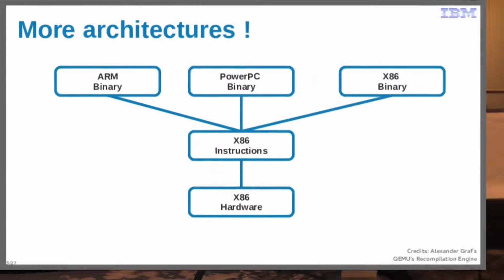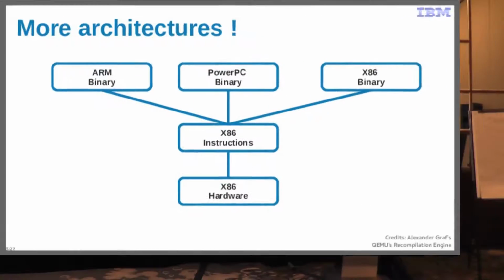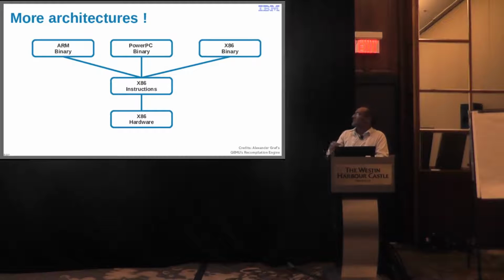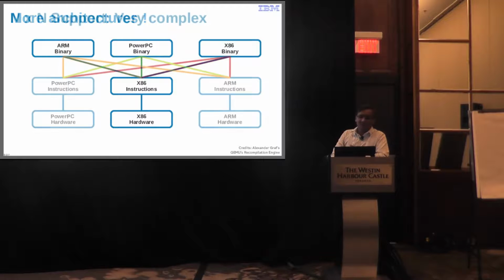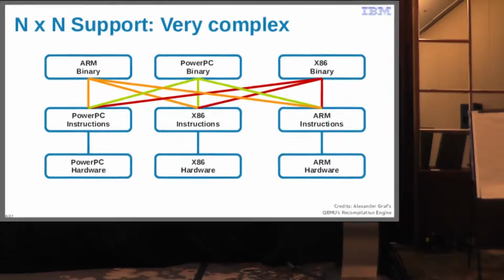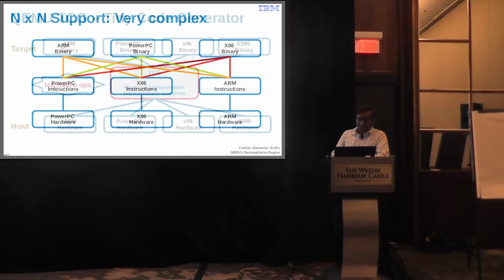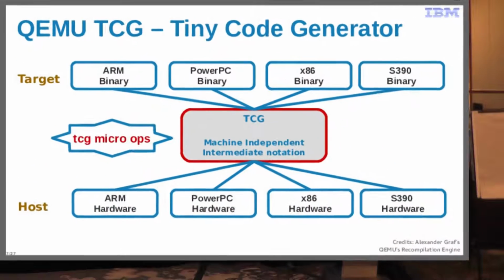If I have multiple architectures, I need to translate from the various architectures to x86, and then run on x86. This really gets complicated with an n cross n kind of scenario where I want to run Power on x86 or ARM or something like that. So TCG helps a lot here.